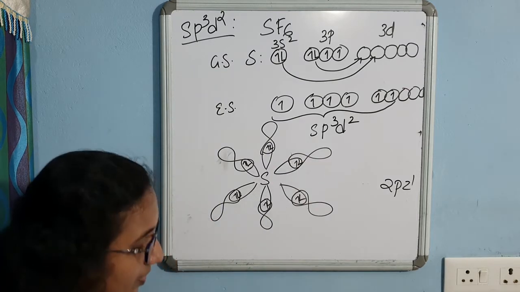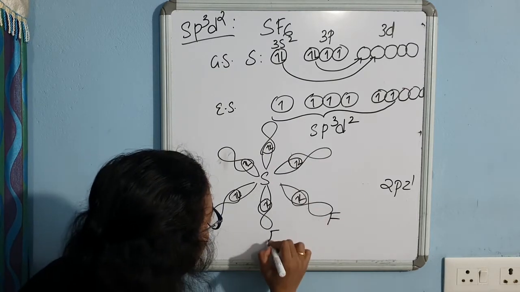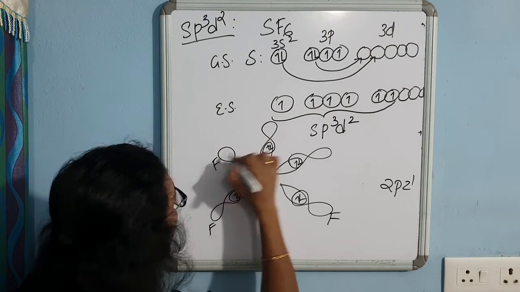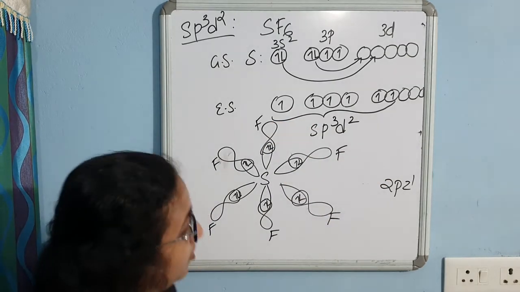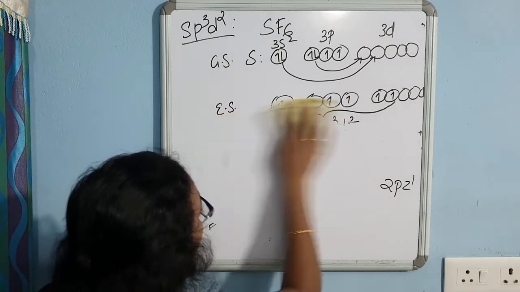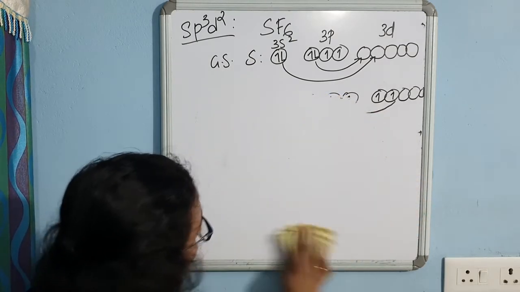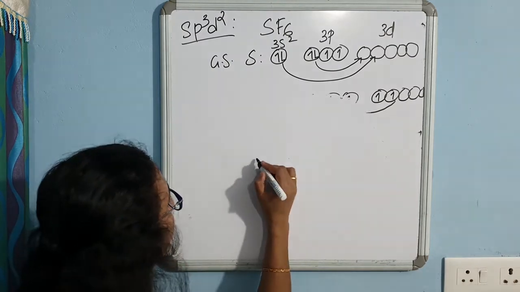Okay, so we'll get one sulfur atom connected to 6 fluorine atoms to form an octahedral molecule with bond angle 90 degrees.